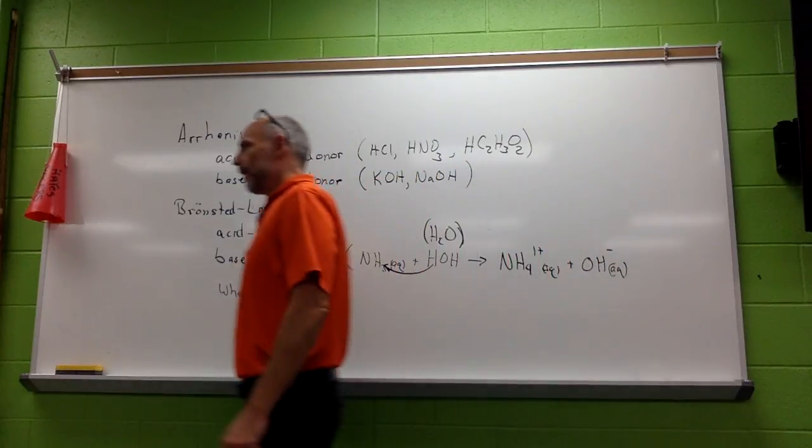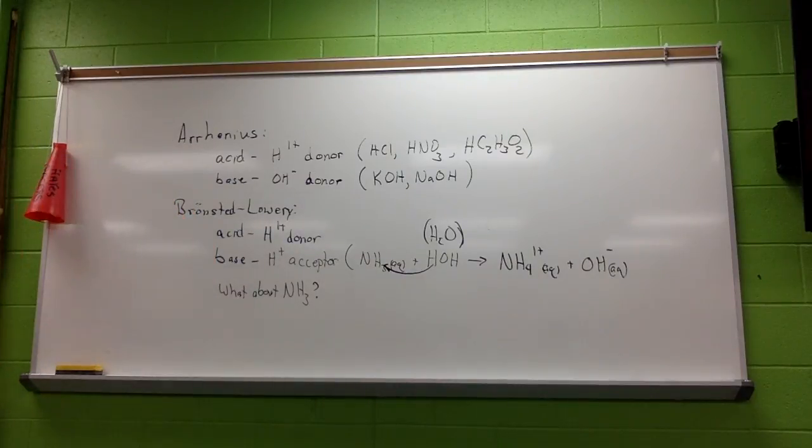So another way we can say that, instead of saying hydrogen ion acceptor, is by saying it produces hydroxide ion through hydrolysis. You may want to add that comment there if you like to look at your notes. I know some of you write the notes down and never see them again. Others of you actually read through those notes.